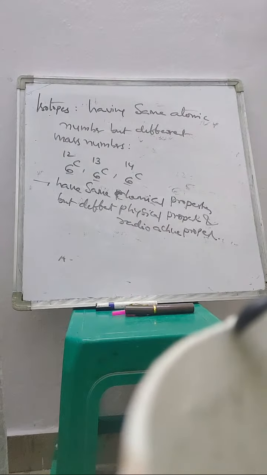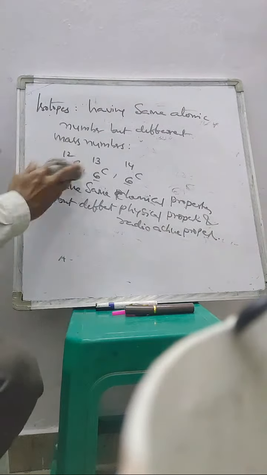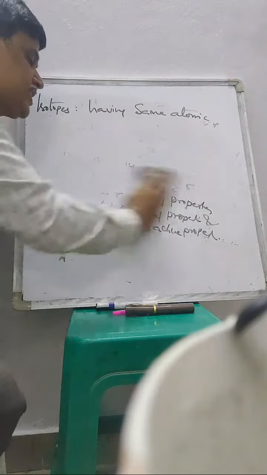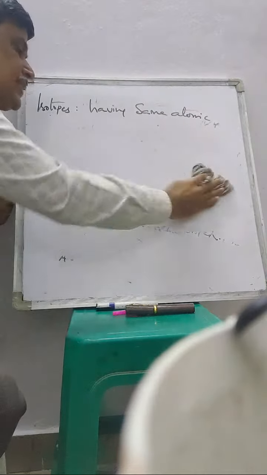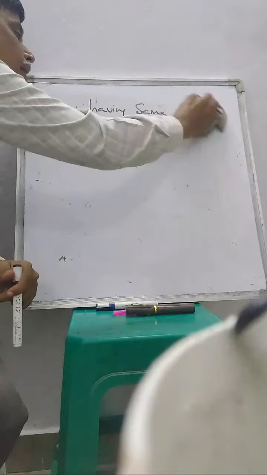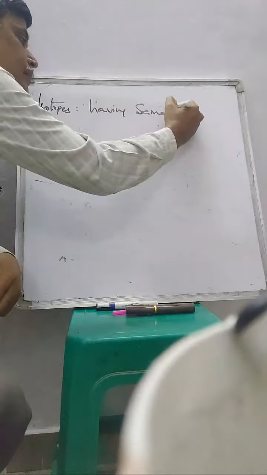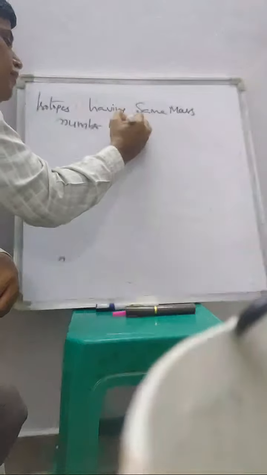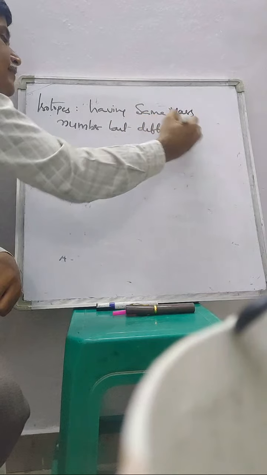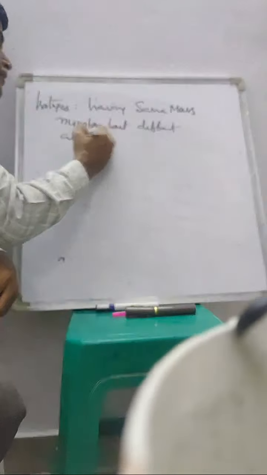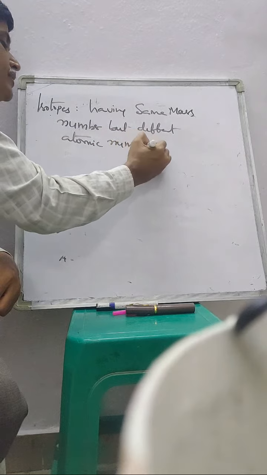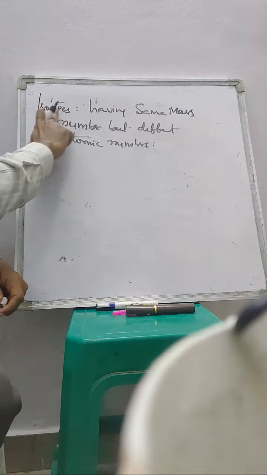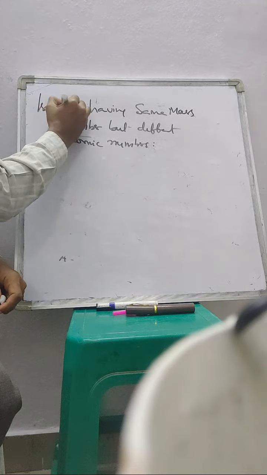Next word is isobars. Isobars means the species having the same mass number but different atomic numbers are called isobars.